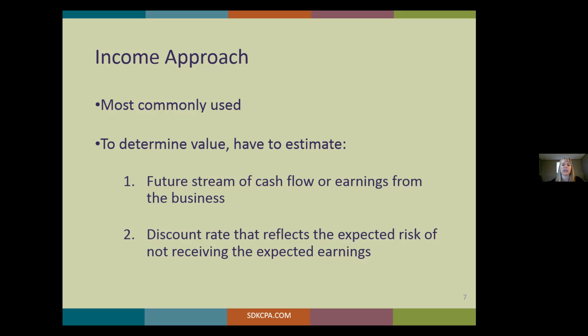For example, if the owner of the business also works for the business and is receiving compensation from that business, one of the adjustments you would make would be to that compensation to make sure it is equal to market compensation, because the buyer of the business wants to know the cash flows, assuming that they would hire an unrelated outside party to perform those duties that the previous owner was performing.